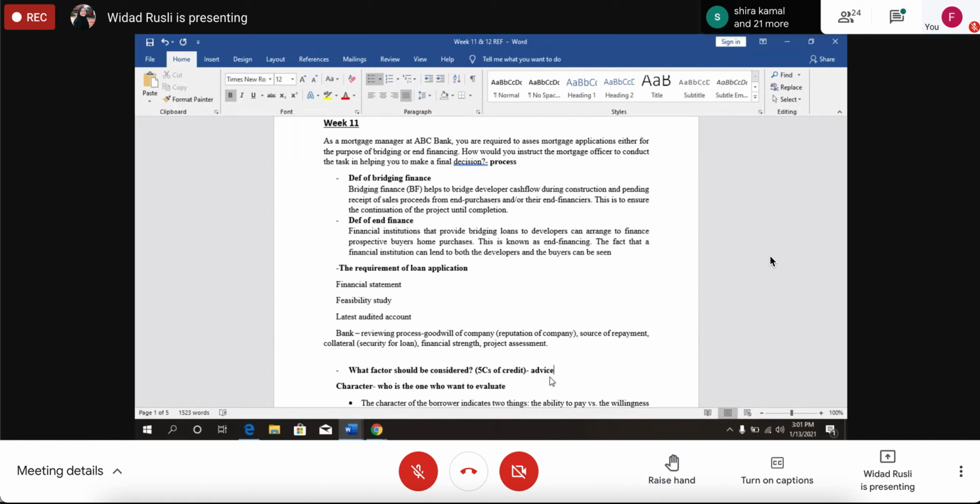So I already mentioned just now, having identified the above process, because you have identified all the process before, then the mortgage officer has to come out with the 5C's analysis before he or she comes out with his final decision. So the word decision is there. You don't need to come up with another thing.